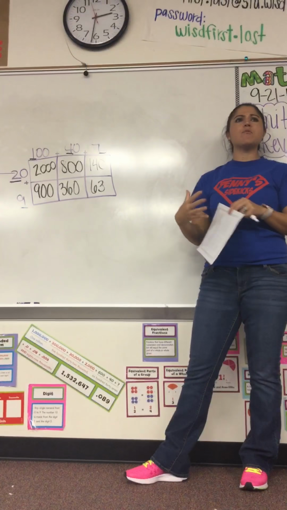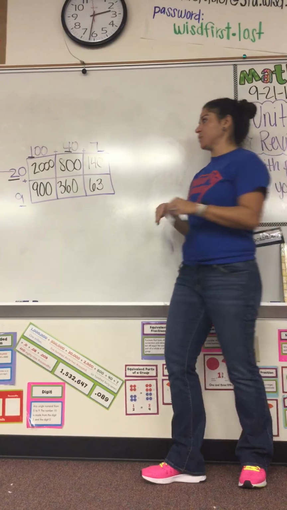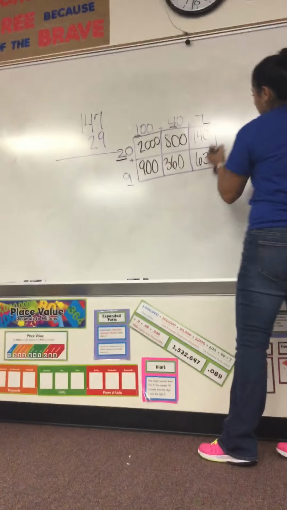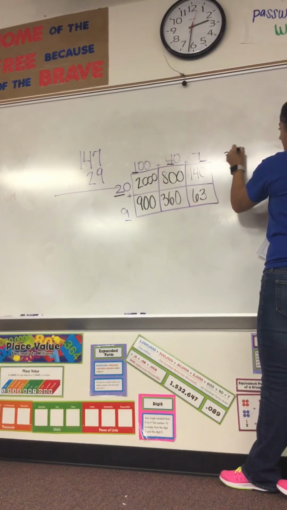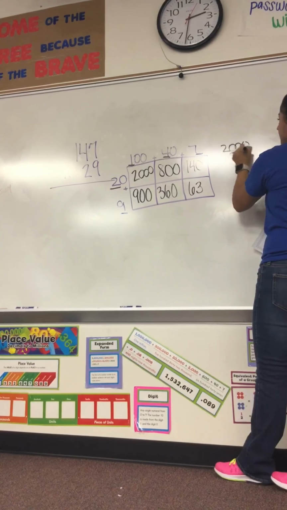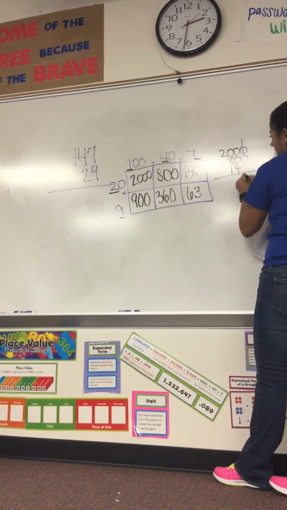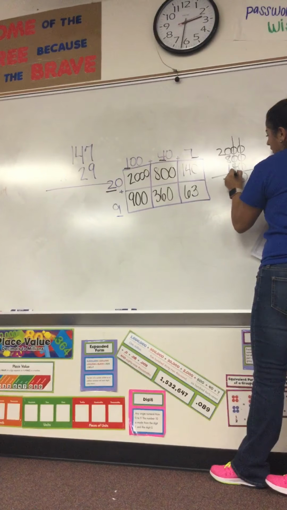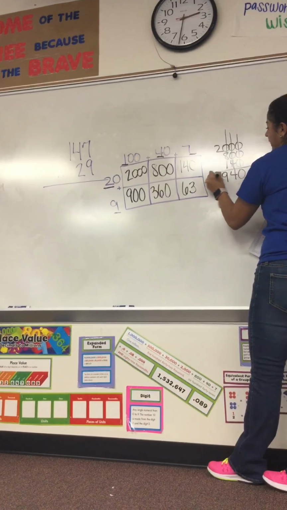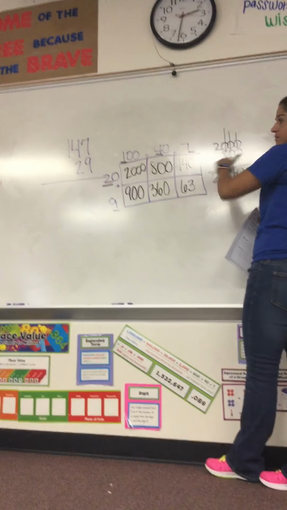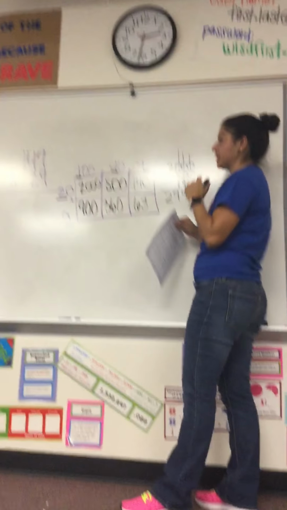And that's a couple more steps, but it helps us break these problems down a little bit more. So 2,000 plus 800 plus 140, so 0, 4, 9, and 2. Anybody checking me?